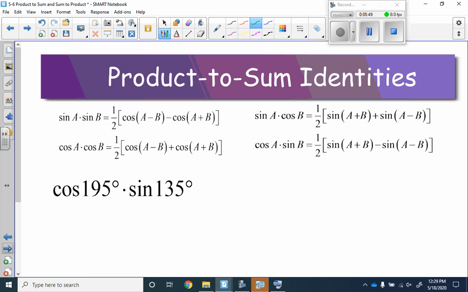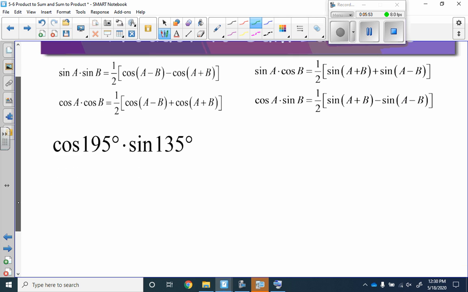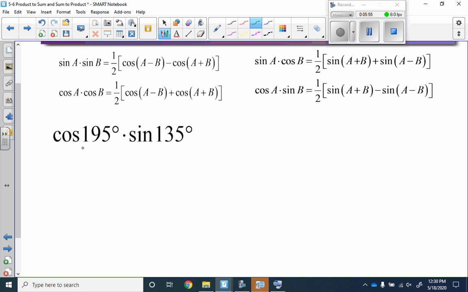Now we can also use this to help us find the exact value of an expression. So cosine of 195 degrees times the sine of 135 degrees. When I look at this, I don't know what those values are, once again, using our calculator or our unit circle, especially when we're trying to find the exact value.